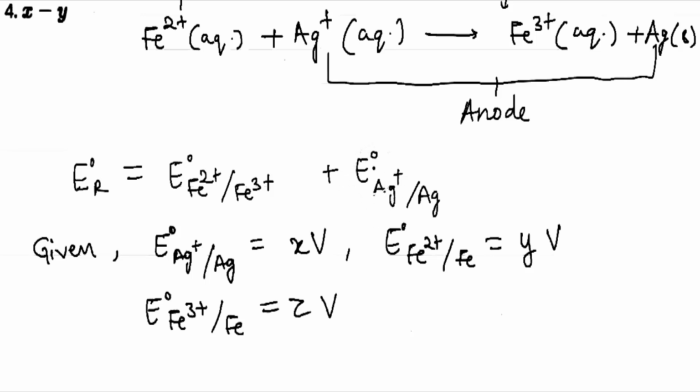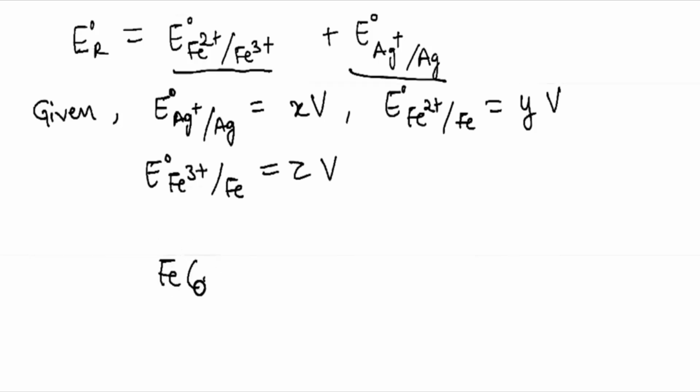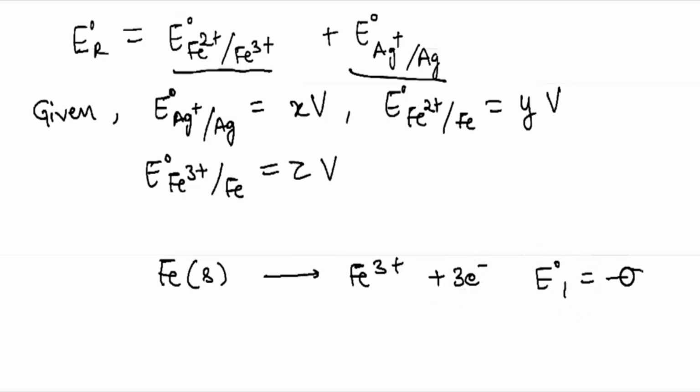So now we have E naught for Ag plus converted as Ag and we need to find E naught for Fe2 plus converted as Fe3 plus. So for the reaction Fe solid gives Fe3 plus 3 electron, E naught value will be minus Z volt because E naught value of Fe3 plus converted as Fe is equal to Z. So E naught value of Fe converted as Fe3 plus will be minus of Z.